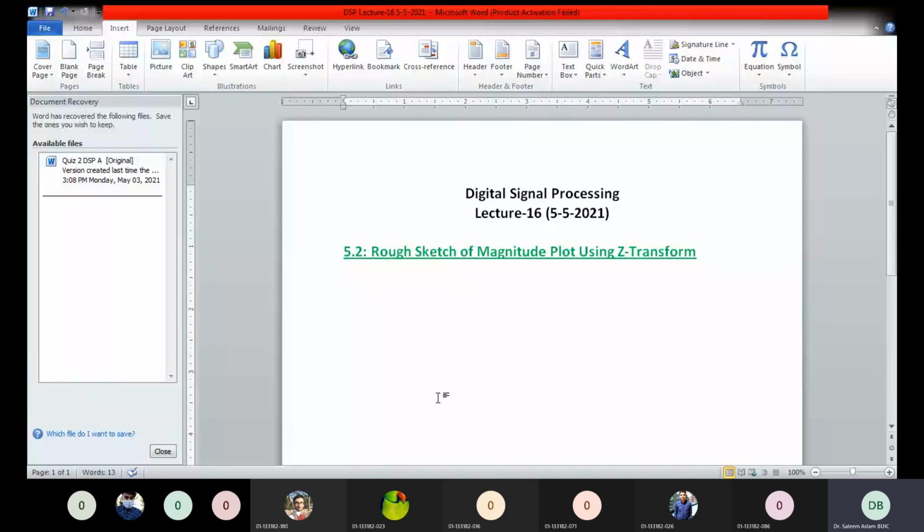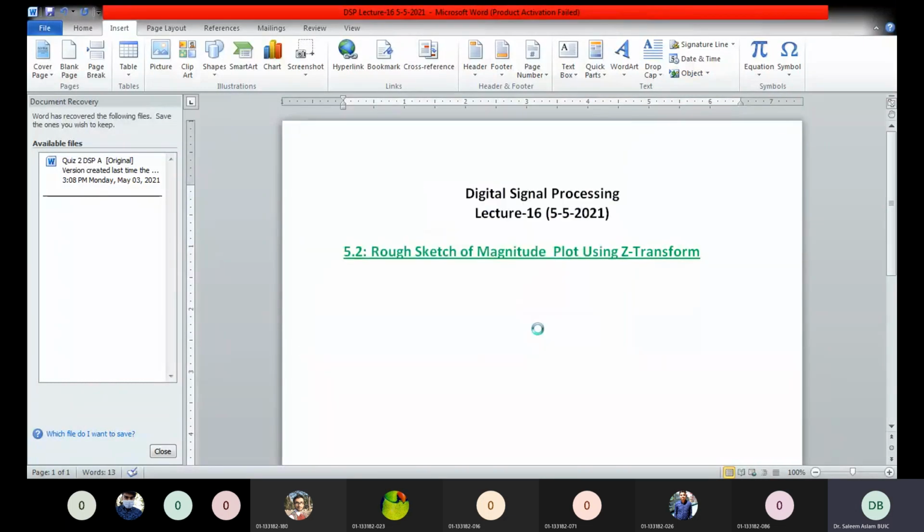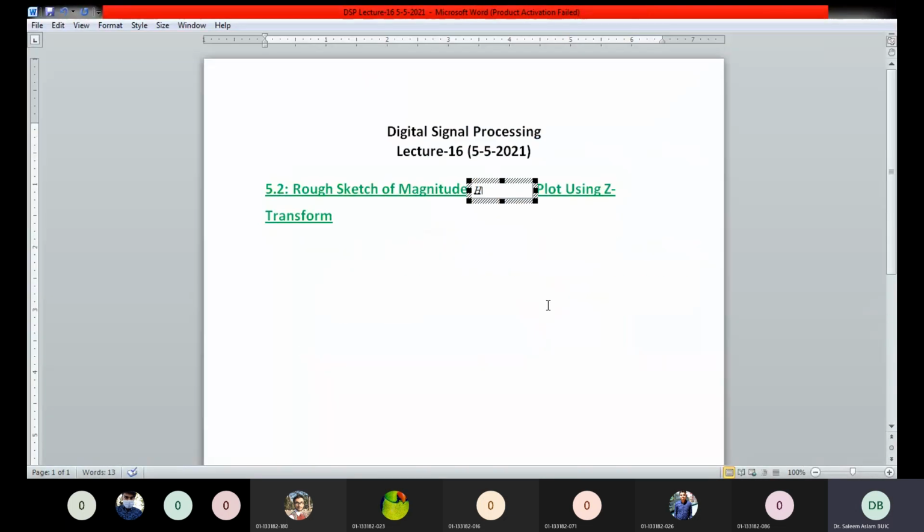Our second topic of chapter number 5 is drawing the magnitude plot |H(e^jω)| using the z-transform H(z). So how can we draw |H(e^jω)| if we are given H(z)?